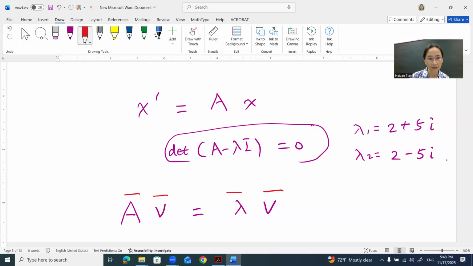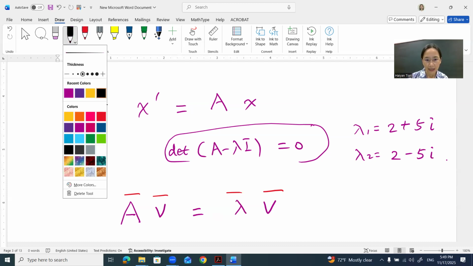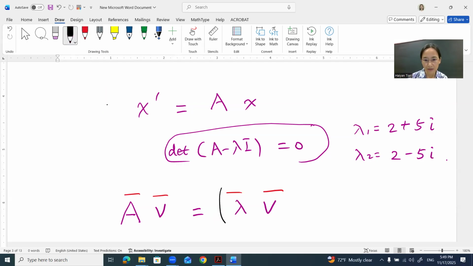Immediately you discover that the conjugate of lambda is also an eigenvalue, and its corresponding eigenvector is V bar, because A is a real valued matrix, so A conjugate is itself.